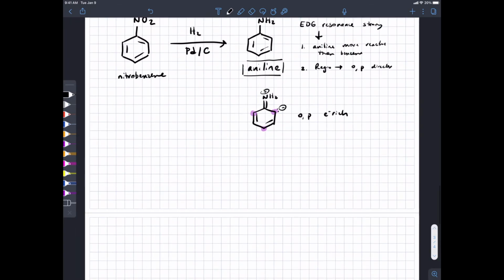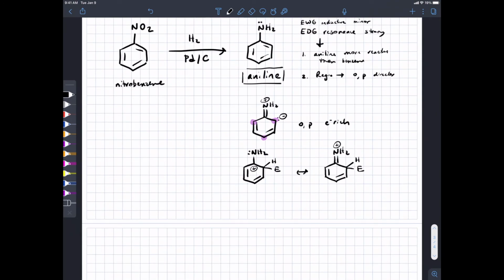And then you would also, if you wanted to do a reaction with the aniline, see, as we've talked about before, that if you do ortho or para substitution, that puts the positive charge adjacent to the amino donating group, where it can be stabilized by resonance with the lone pair that's on the nitrogen.